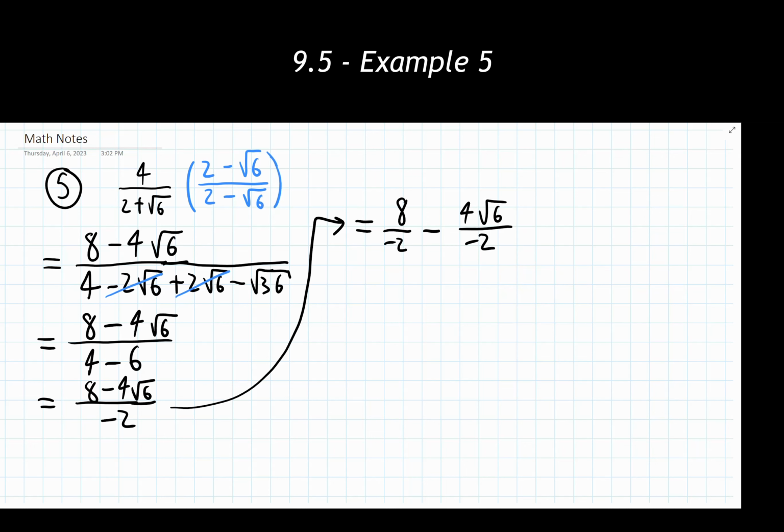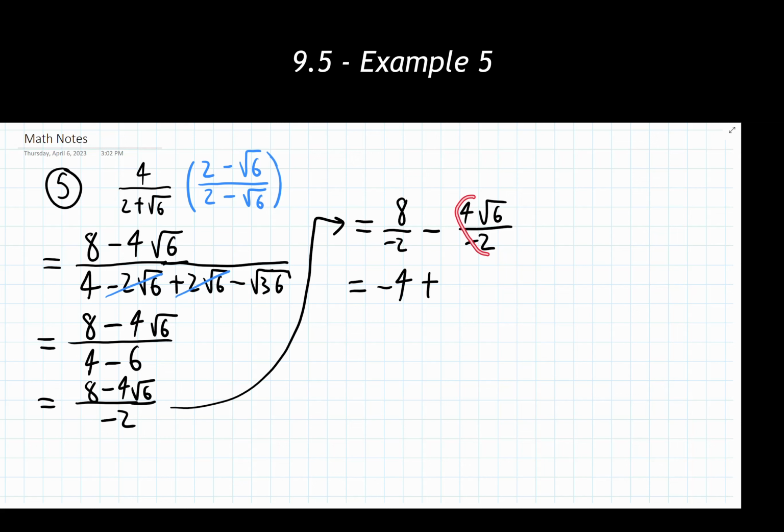Alright, now looking at this, we have 8 divided by negative 2. That's going to give us negative 4. And then we have a negative sign out front here, which means this numerator is a negative. That negative divided by a negative down here is going to give us a positive answer. Dealing with the signs first.